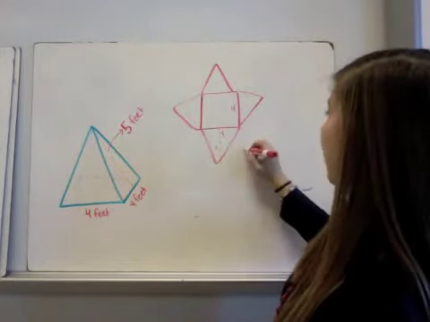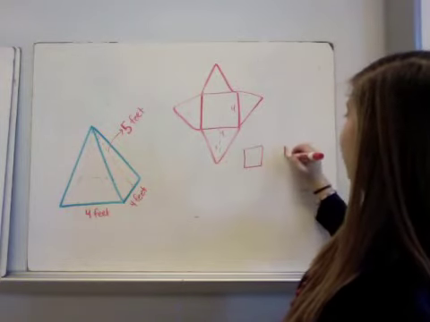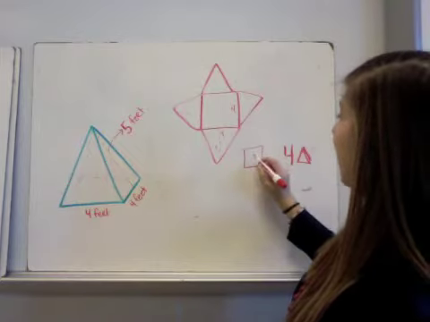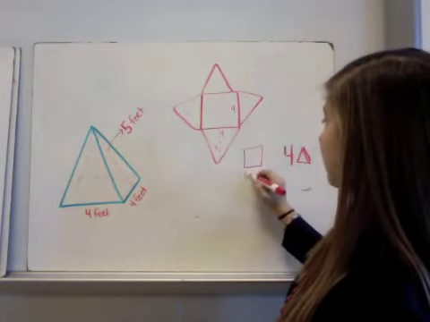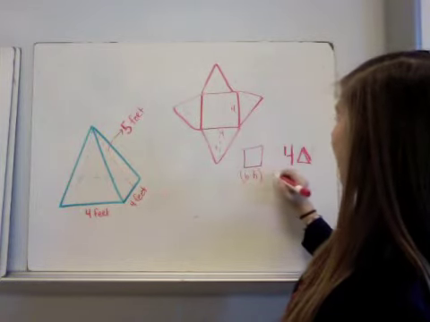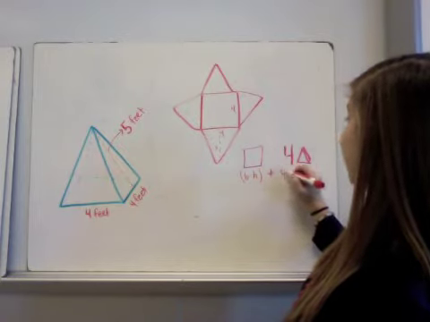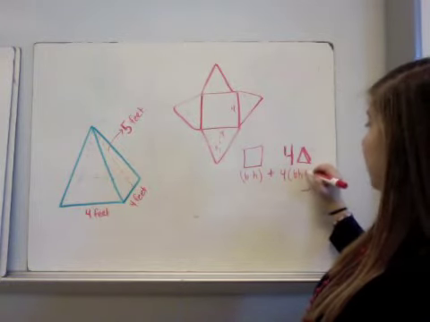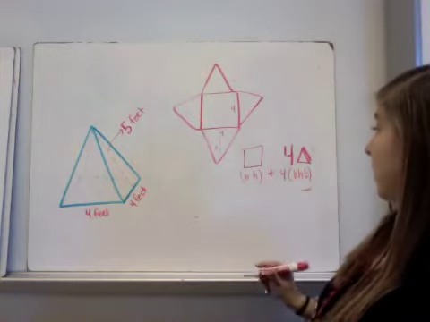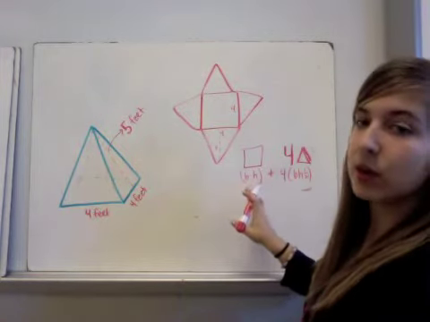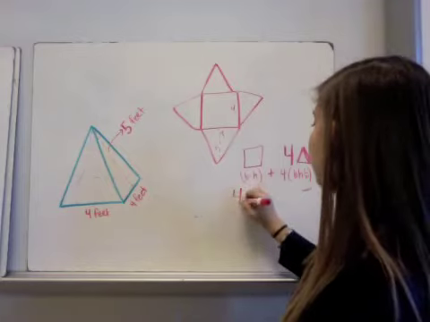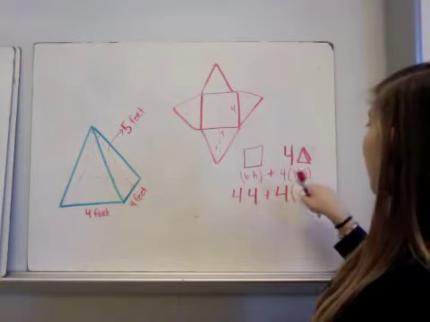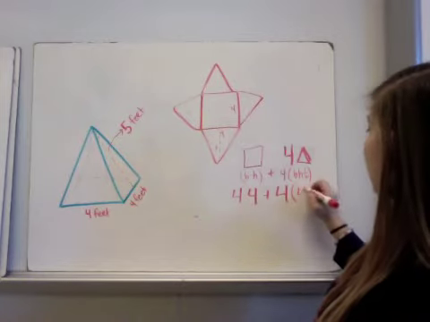So in my shape here I have 1 square and I have 4 triangles. So my area of a square is base times height. And then I'm going to be adding the area of a triangle is base times height divided by 2, or times 1/2. So my square is going to be 4 by 4. My triangles is going to be 4. My base, 4.